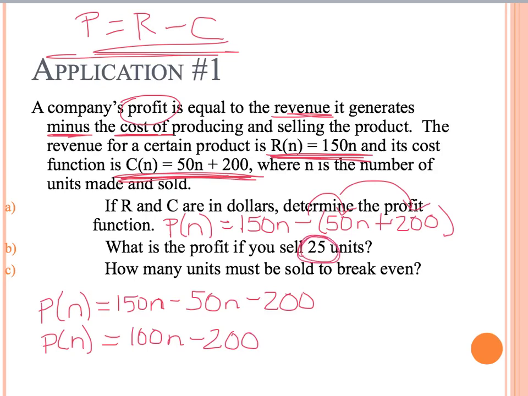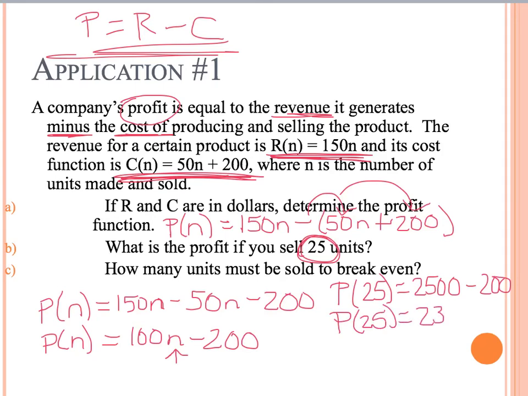If we sell 25 units, I'm just going to put 25 in for n. So P of 25 is equal to 2,500 minus 200. So P of 25 is equal to 2,300.